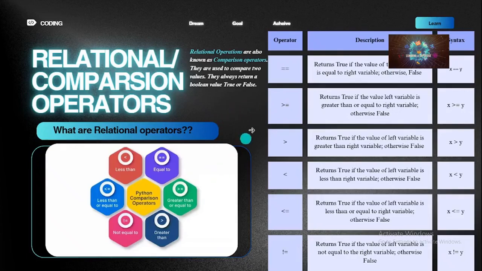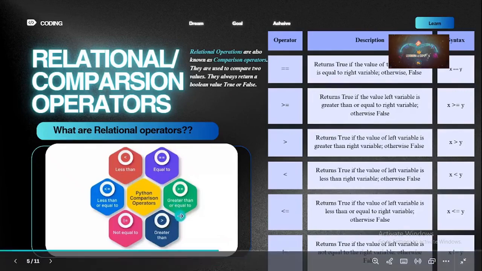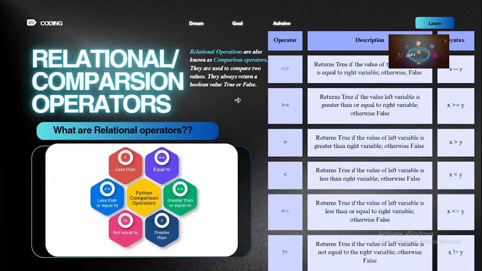So we have relational operators: less than, equal to, greater than or equal to, greater than, not equal to, and less than or equal to, which we use to compare two values. The double equal to indicates whether the two values are equal or not.